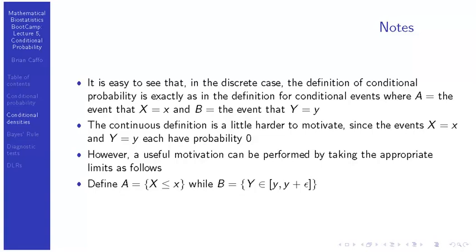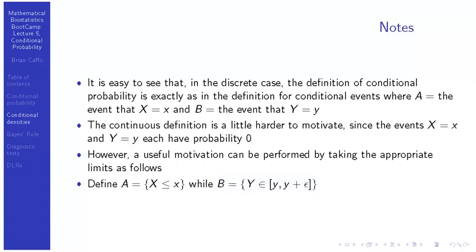How can we have a meaningful definition of the probabilistic behavior of a random variable given that another random variable takes on a specific value? Well, here's the motivation that I like. Imagine you define the event A that the random variable X is less than or equal to a specific value, little x, and the event B is that the random variable Y lies in the interval from y to y plus some small amount, say epsilon.